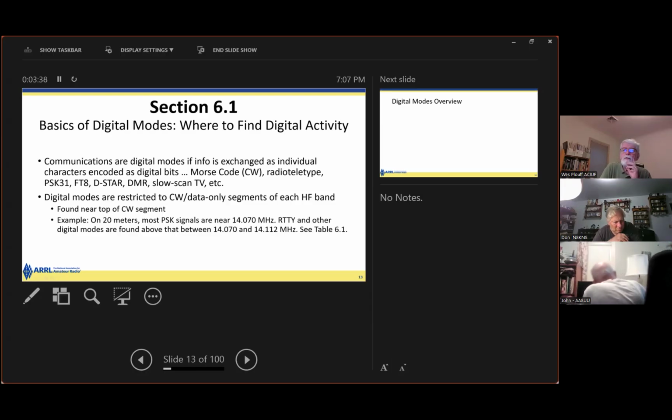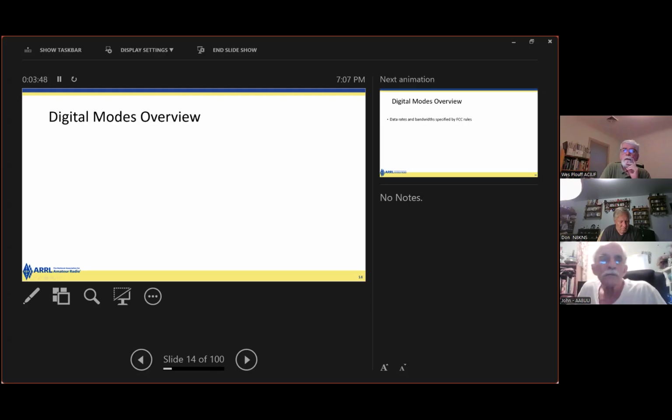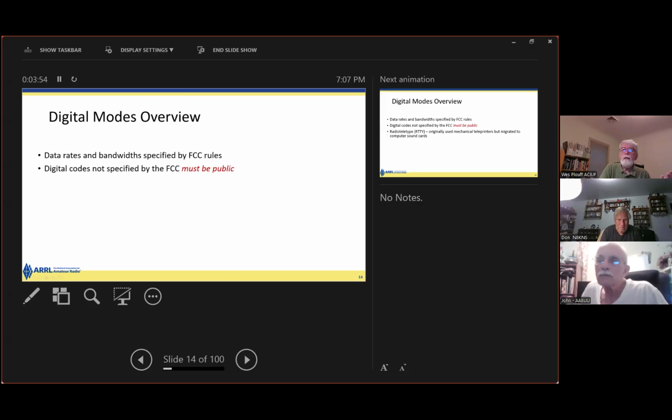The exception is when there's a radio teletype contest. You can find radio teletype signals all over the lower part of the band. The data rates and the bandwidths are specified by the FCC. There's a rule that says that some digital protocols are specified in FCC regulations, but radio hams can use others as long as the specification or description is public.